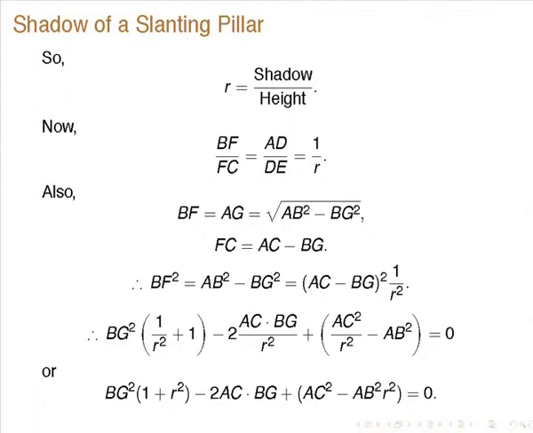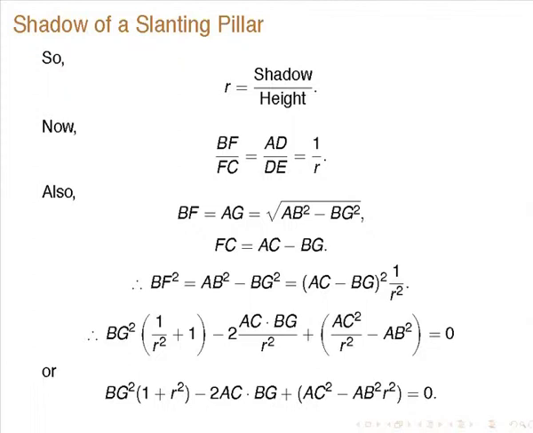That is equal to the shadow by the object's effective height, that is 1 by R, because R is shadow by height.